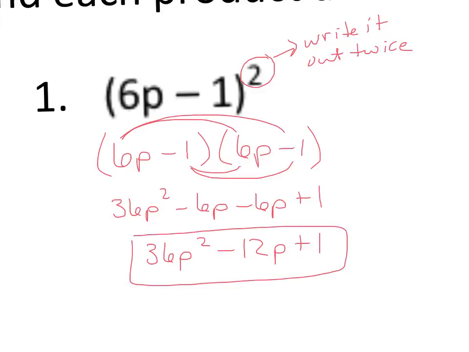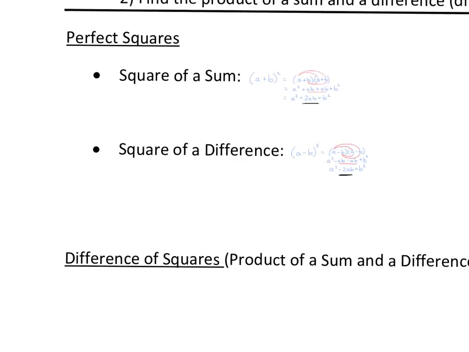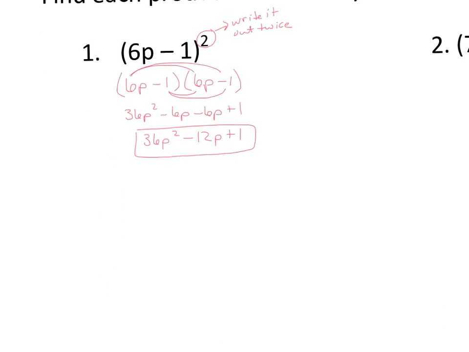All right, so now coming back up here, we're looking at which one of these three it is. Is it a perfect square sum, difference, or is it a difference of squares? Okay, well in this case, if we come back down and look, it's a perfect square because it has the square on it, and since it's subtraction, that means it's a difference. Okay, so we're going to write that this is a perfect square.